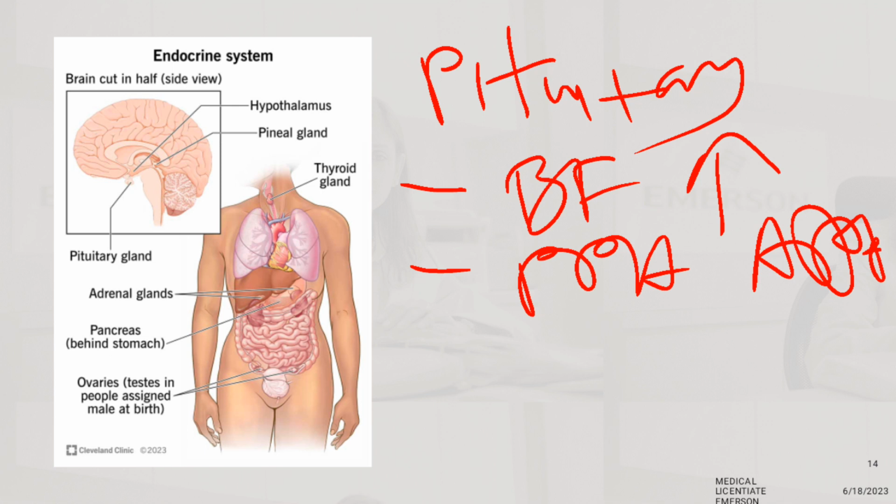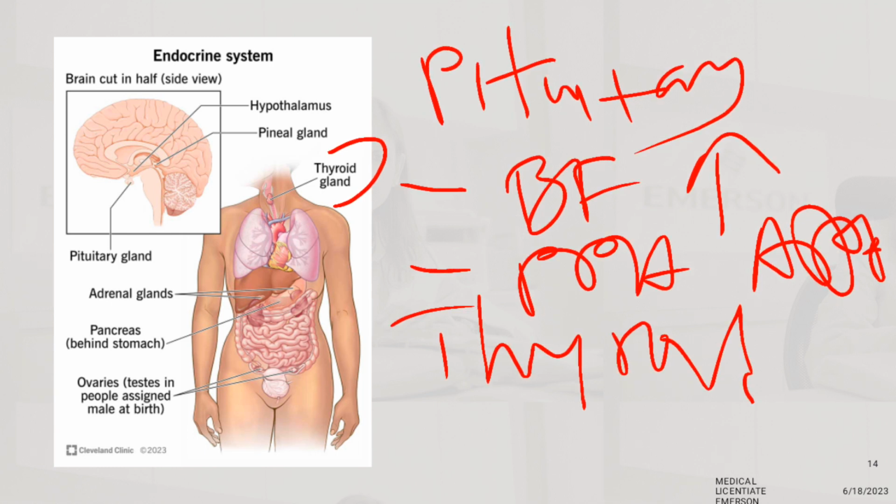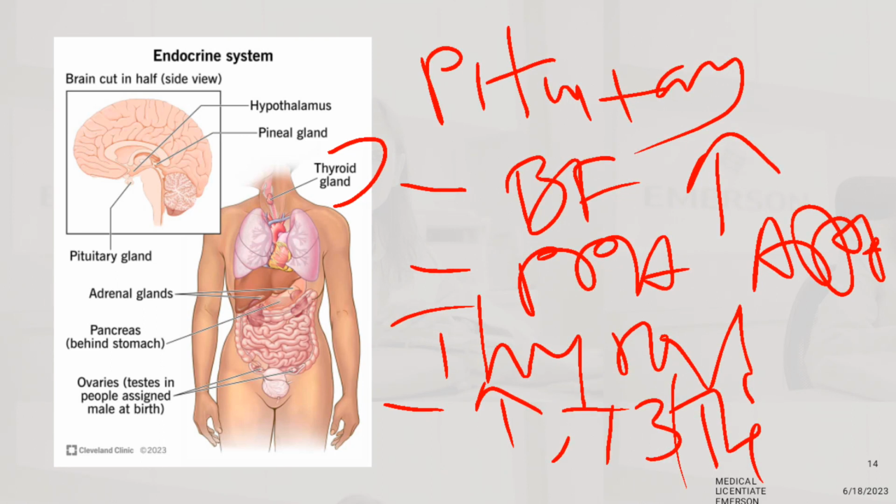Okay, then in terms of the thyroid gland, we are now talking about the thyroid gland. In terms of size, the thyroid gland is going to increase in size. Then T3 and T4 are also going to increase.